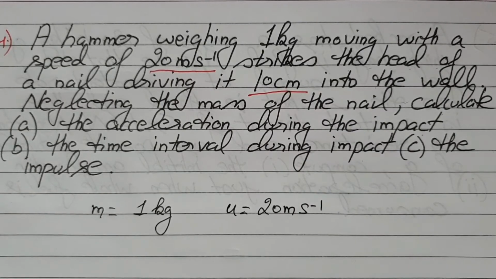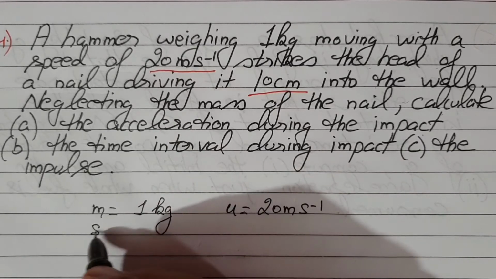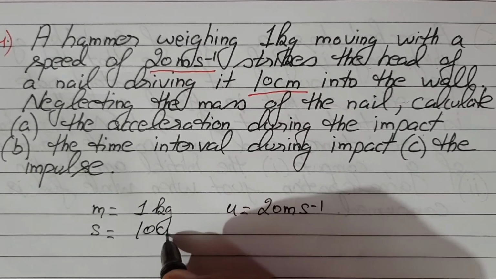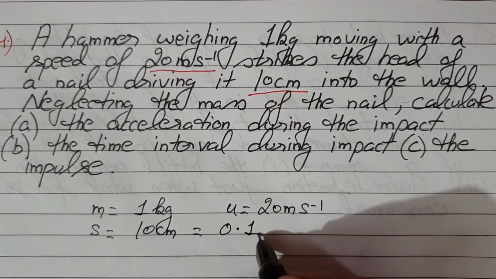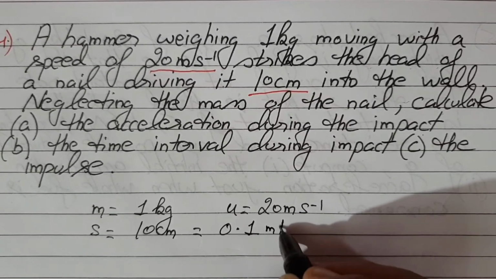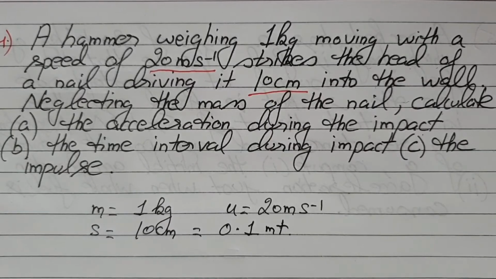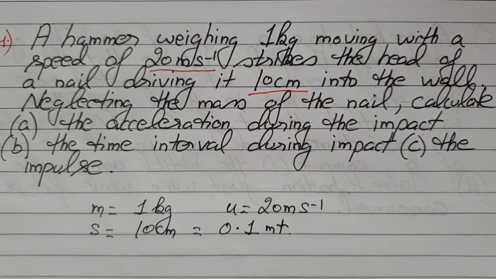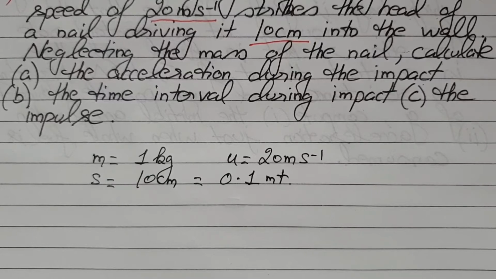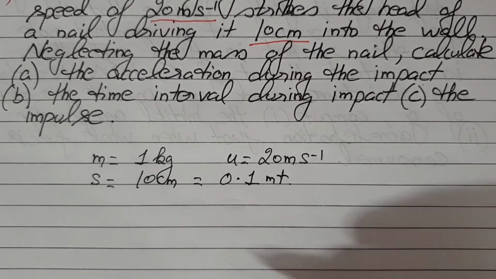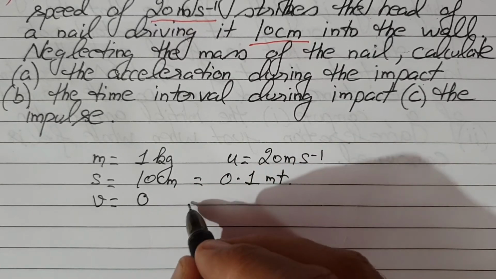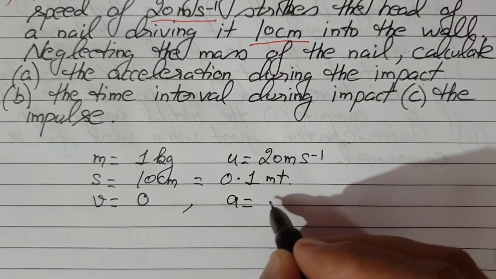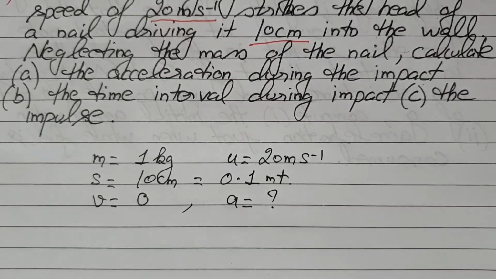How much into the wall? s is 10 centimeter, which equals 0.1 meter. Now the final velocity: since the hammer drives the nail in, it's obvious that the hammer will come to rest, so the final velocity v will be 0. We have to find the acceleration, and then we have to find the time.